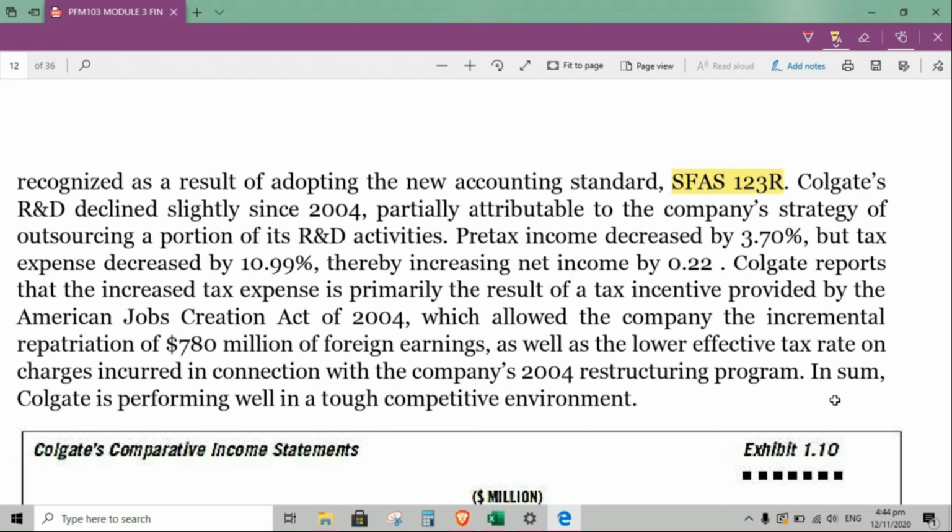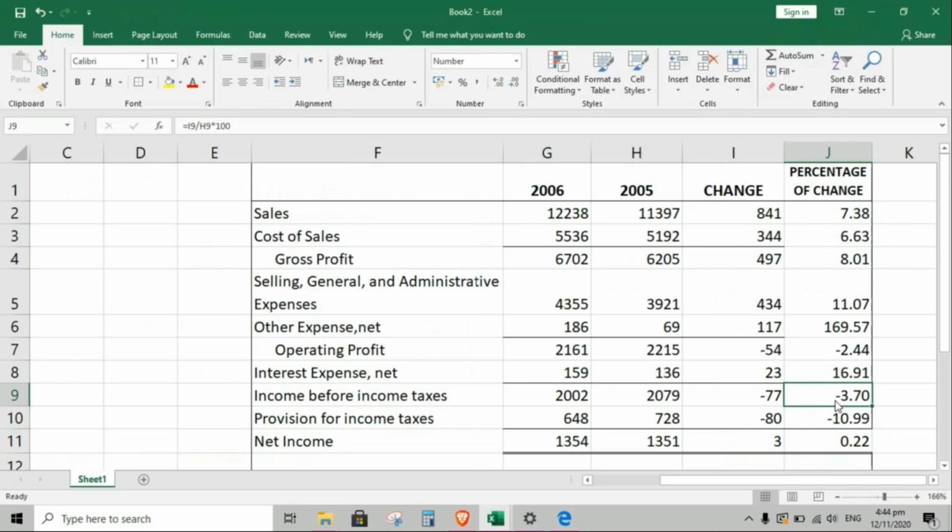In sum, Colgate is performing well in a tough competitive environment. So, yung mga takbo ng companies ay may kinalaman din talaga sa mga nangyaring batas. So, katulad ngayon, di ba? Kukuha kayo ng financial statements or kung mayroon kayo i-evaluate na financial statements dated 2018 na talaga yung train law, there's a tendency na maapektuhan din yung company.